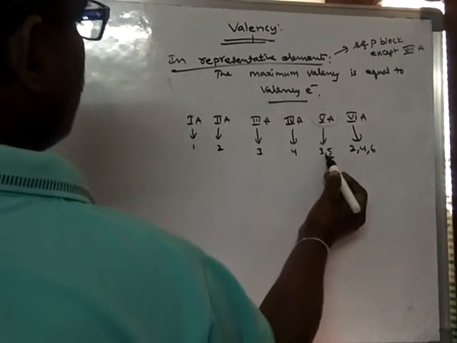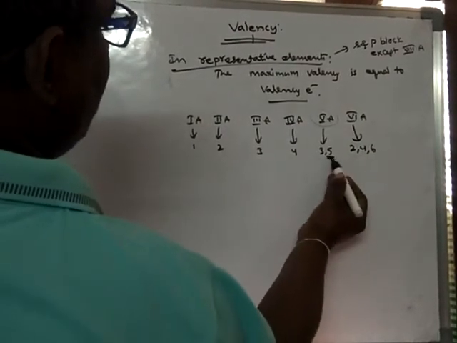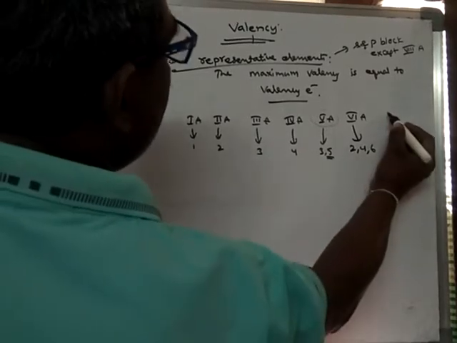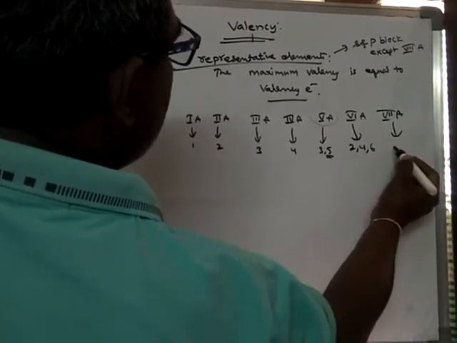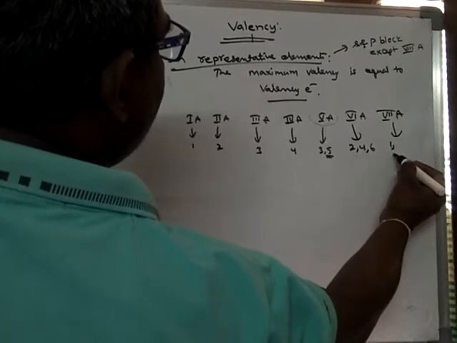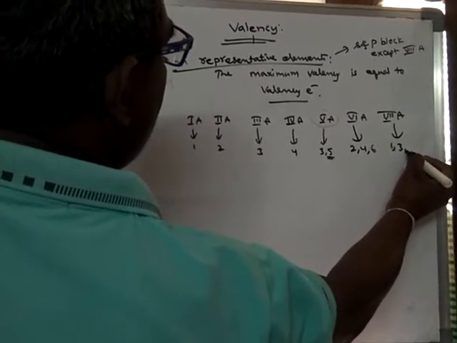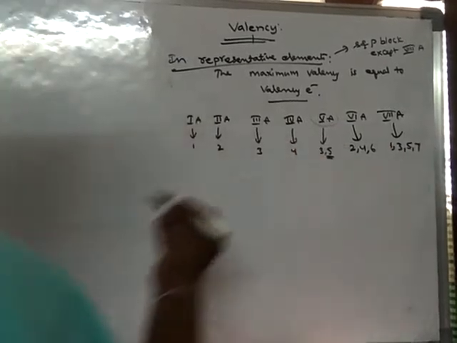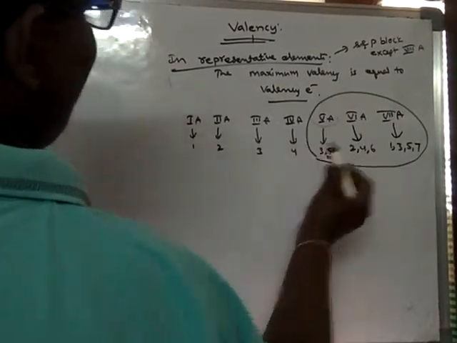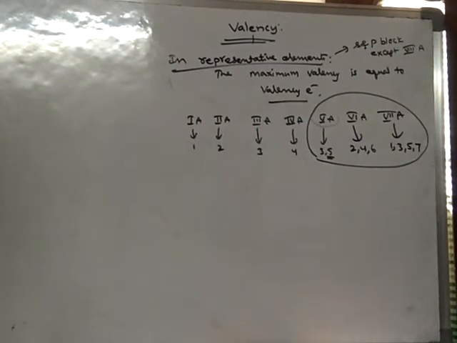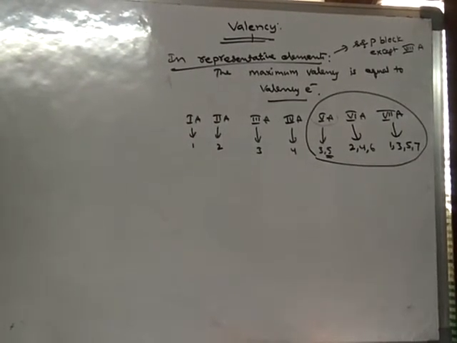See, this is called an oxidation state or else valency. They differ by 2 numbers. 7th A group shows valency of 1, 3, 5, 7 also. So mainly these elements are showing more than one valence. Such valence is said to be variable valence.